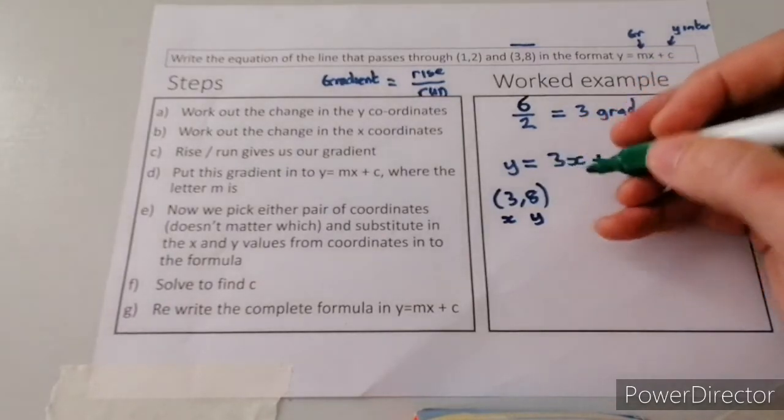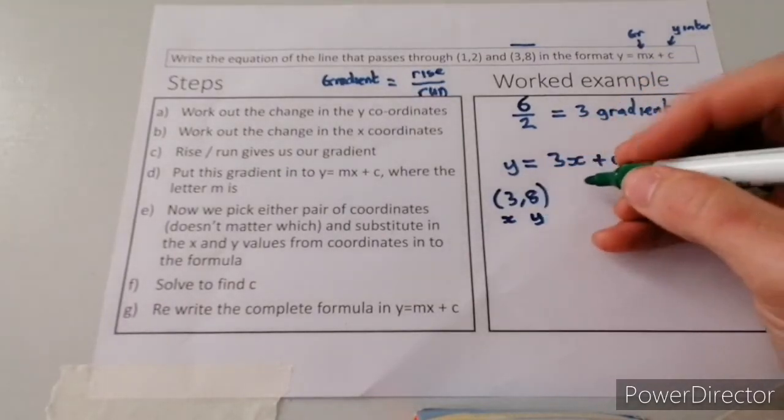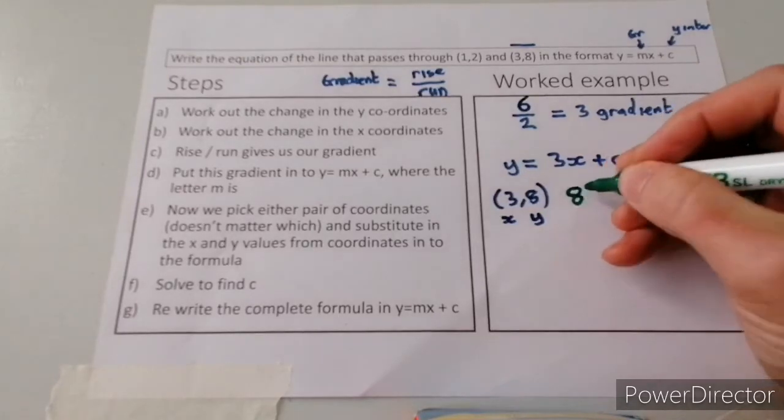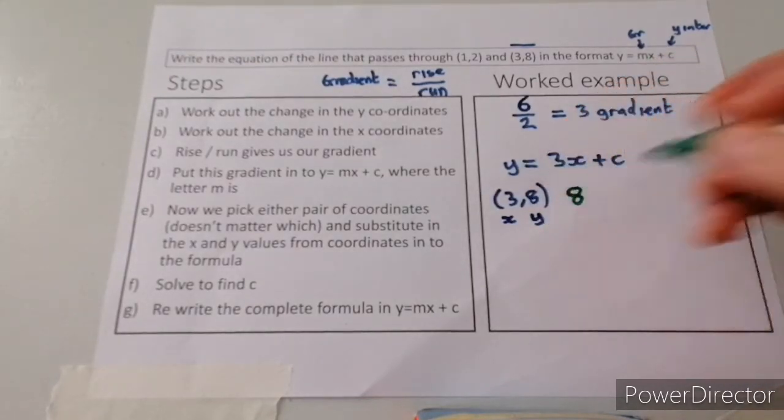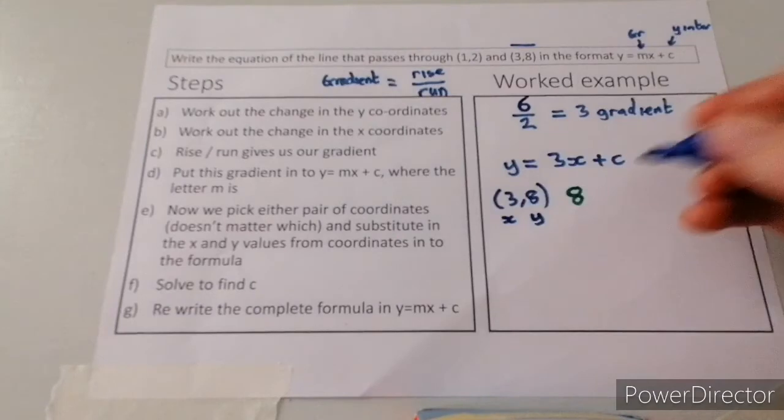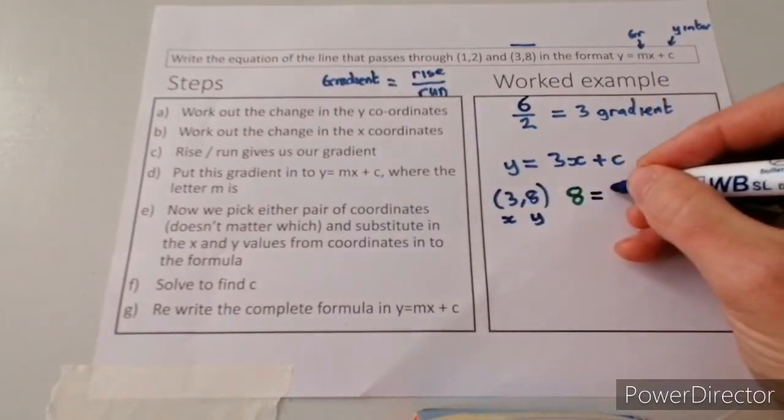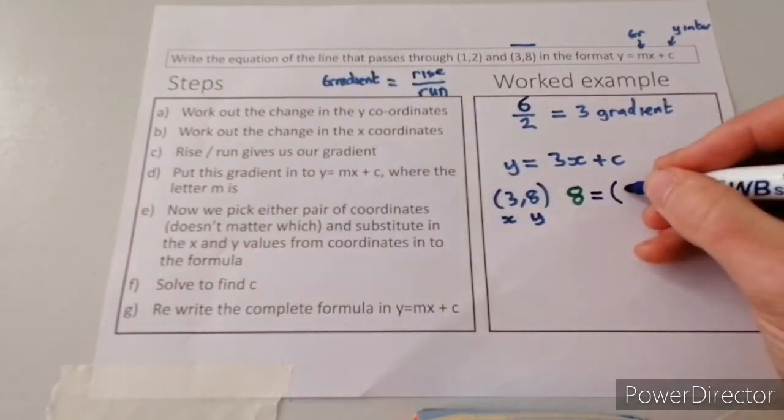So instead of y equals, our y figure is 8. So instead of y, I'm going to write 8 equals, and I always use brackets here.